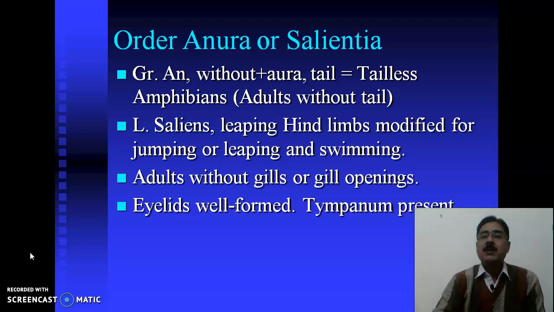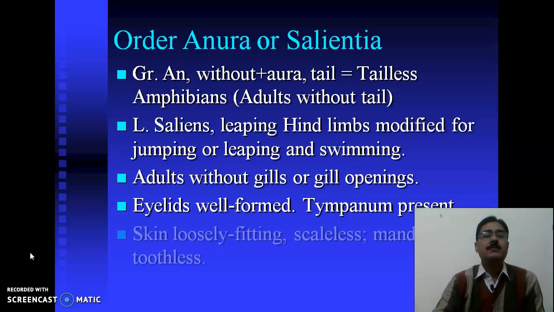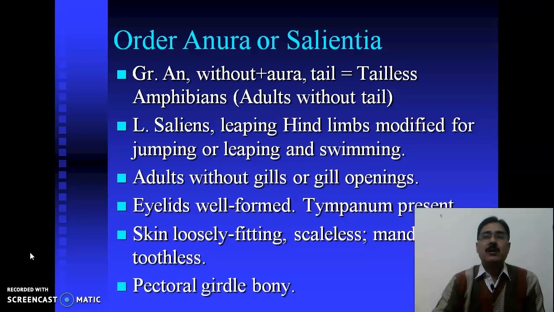The tympanum is present because you must have heard the vocalization of male frog, especially during the monsoon. Skin is loosely fitting. It is generally scaleless and mandibles are toothless. Their pectoral girdle is bony.